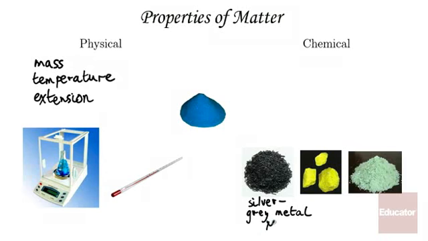Let's call it magnesium. Here we see a bright yellow substance which happens to be one of the elements, as is magnesium. This is sulfur, a yellow solid.